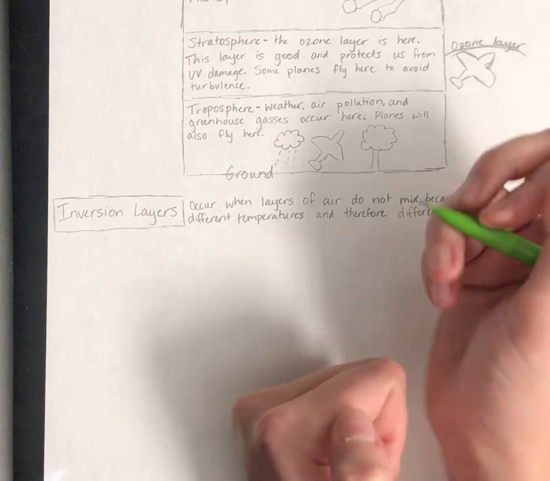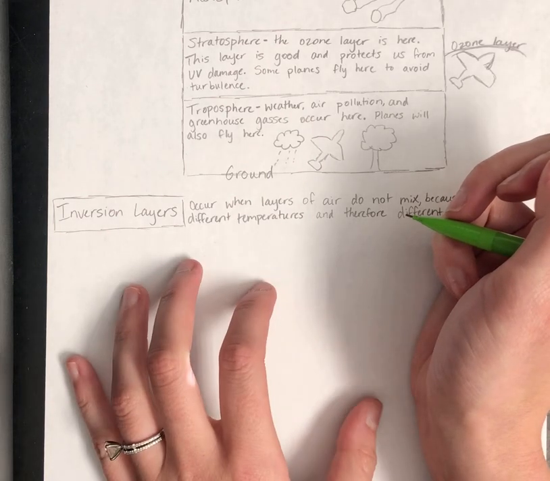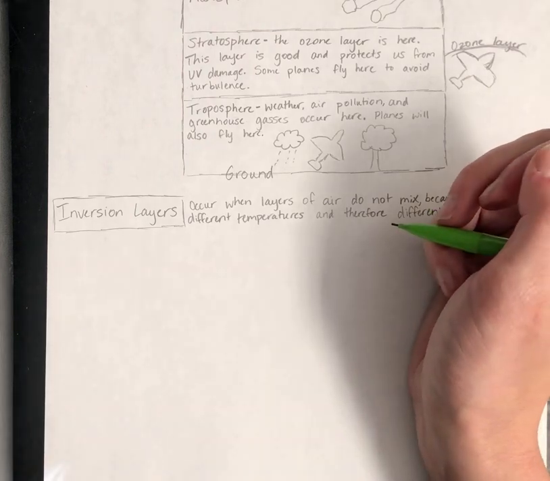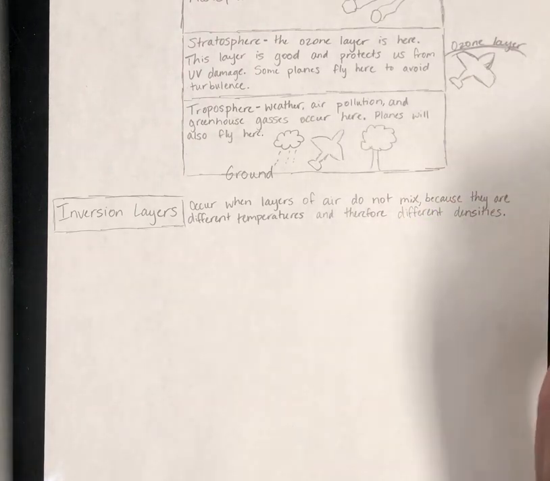When an inversion layer happens, it can trap in air pollution.